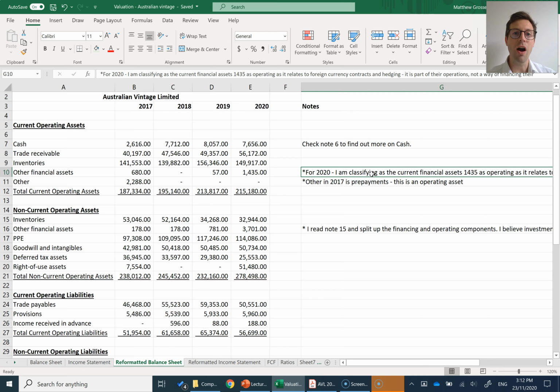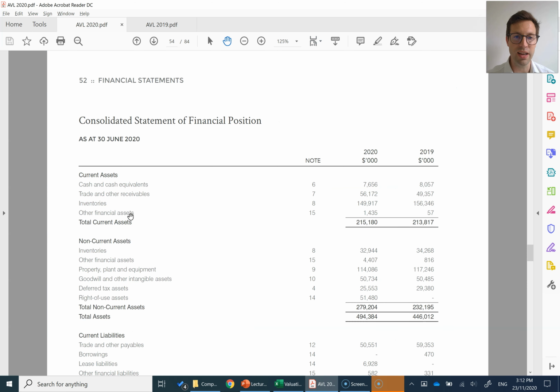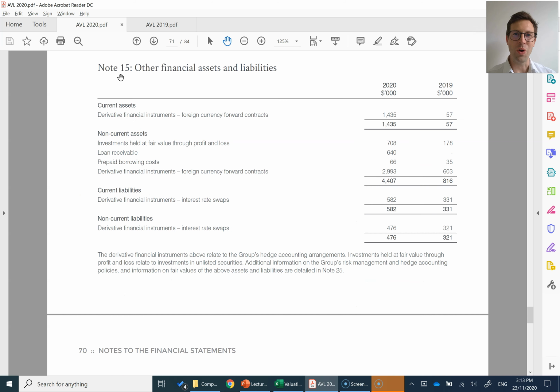Okay, so I went into the financial statements, so the 2020 financial statement, and I see they've got an asset, other financial assets. Now, it's got the word financial in it, so I'm automatically thinking it's probably a financing activity. I look at note 15. When I find note 15 here, I see the current assets are derivative financial instruments, foreign currency forward contracts for the value of 1,435.